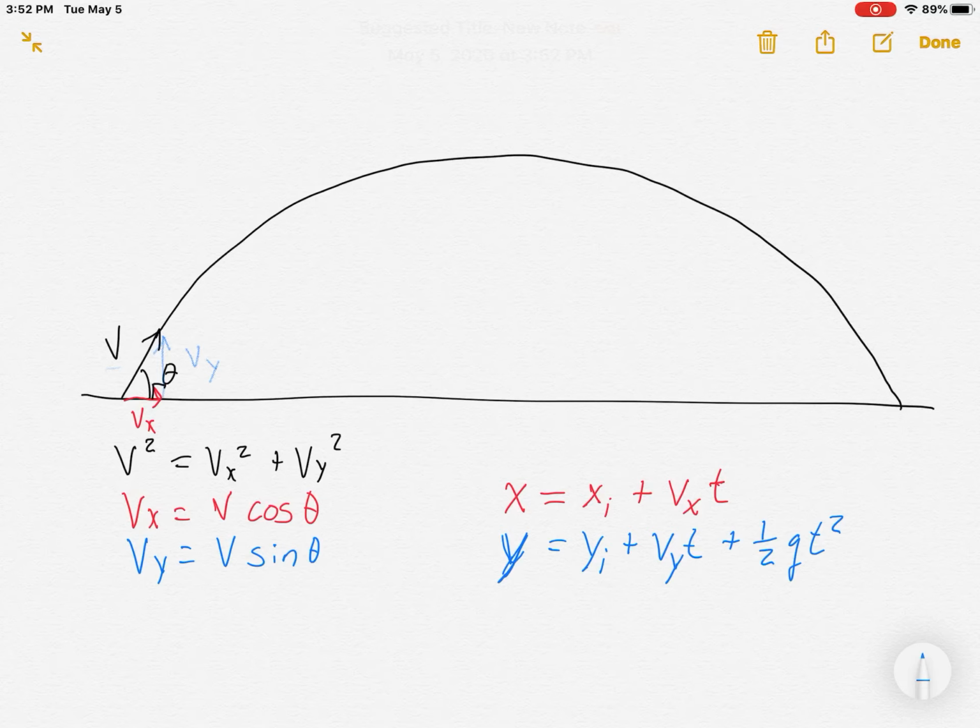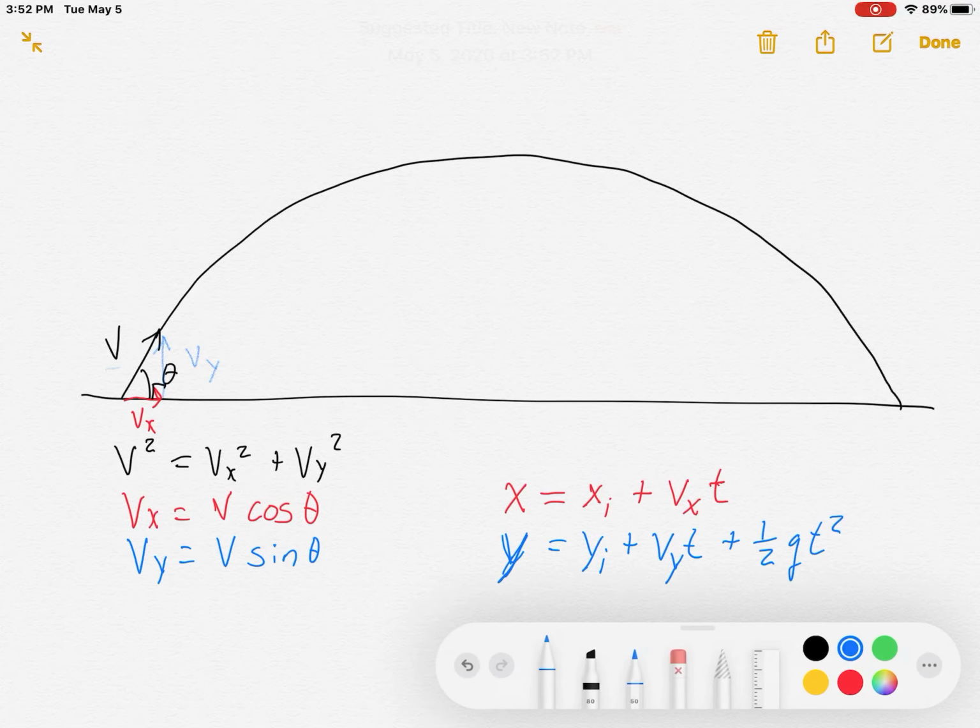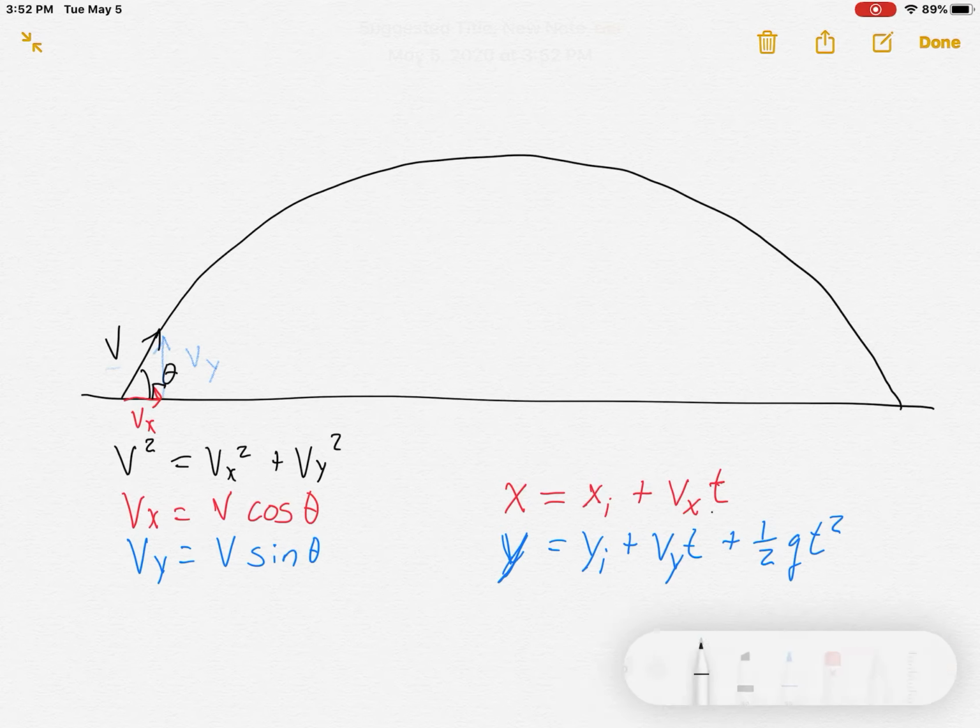A couple of things tie these problems together. One is what we already talked about with the velocities: that initial velocity is broken up into vertical and horizontal components. The second is that this t in the horizontal equation is exactly the same as this t in the vertical equation.